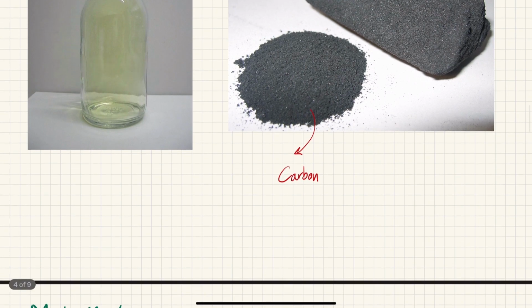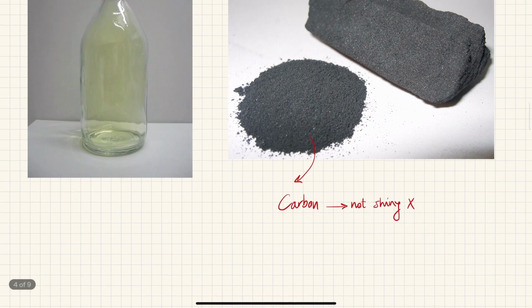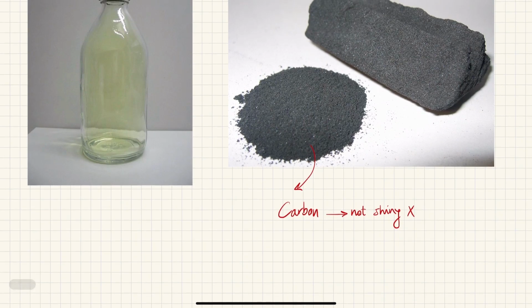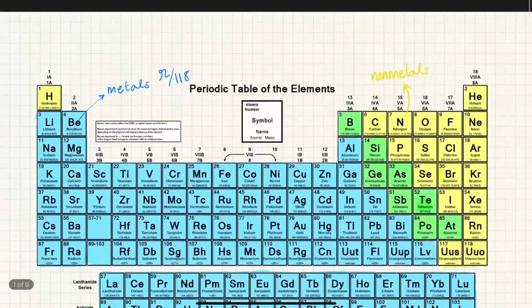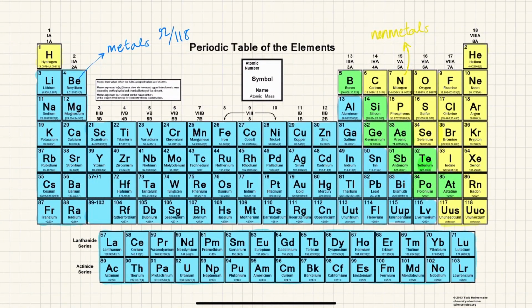Carbon can be a really good example here. Unlike metals, nonmetals are often poor conductors of heat and electricity. Also, when compared to metals, nonmetals often have lower densities. As you can see in the picture, carbon is a dark solid which is not shiny at all, and on the left hand we have chlorine, which is a gas, and they are both nonmetals.